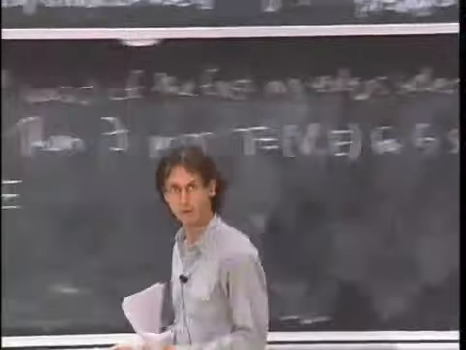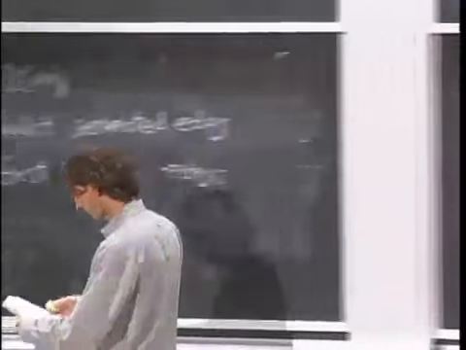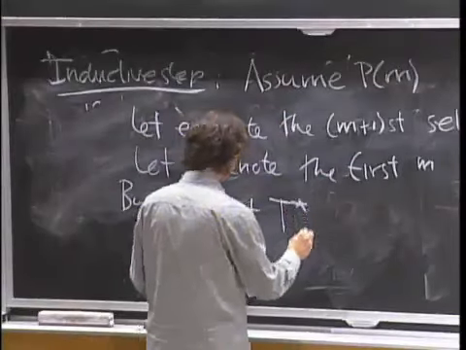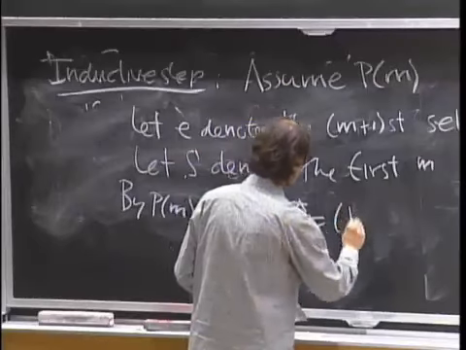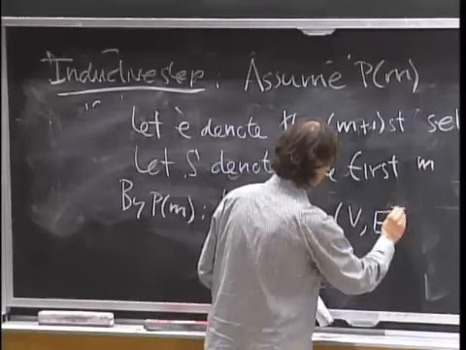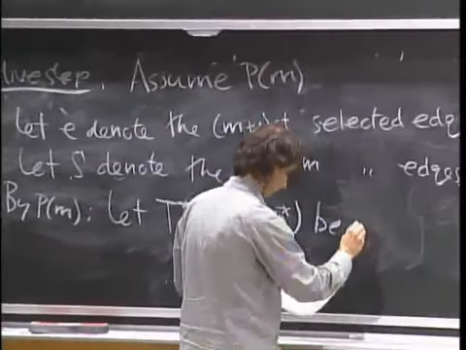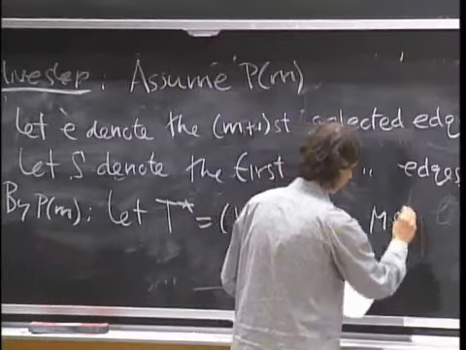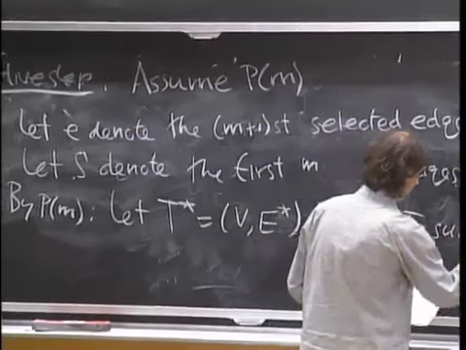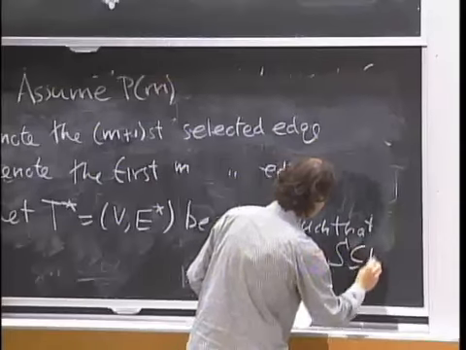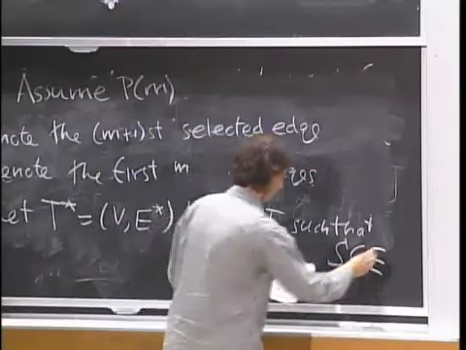So let's just pick one such minimum spanning tree. So let T star be such a minimum spanning tree. It has edges E star, and we know that S is actually a subset of E star.